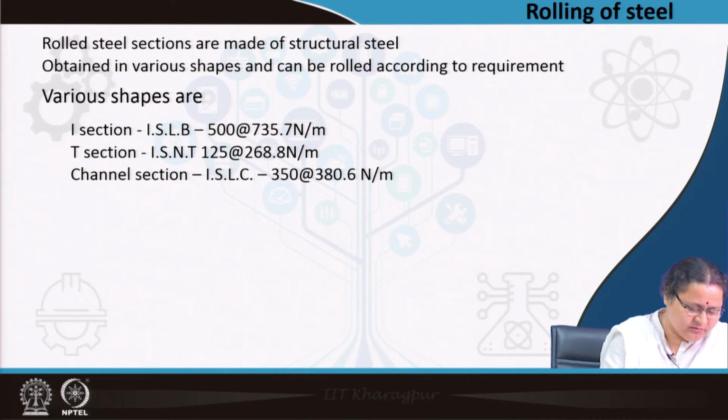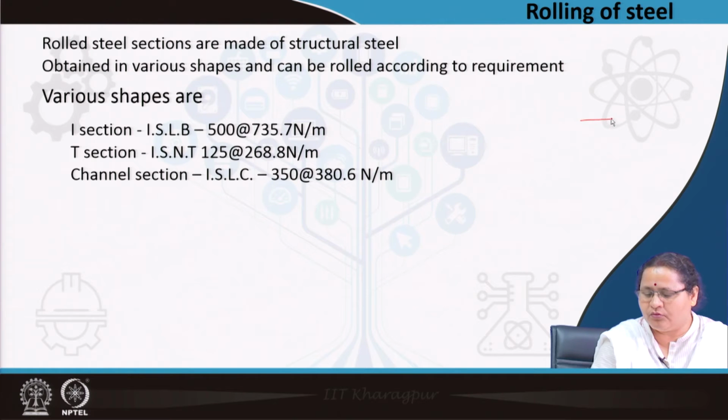Usually there is a thin member, the web, and a projected member that is called the flange, for every member. Say if it is an I section, now I think you can understand what I mean by this rolled section.